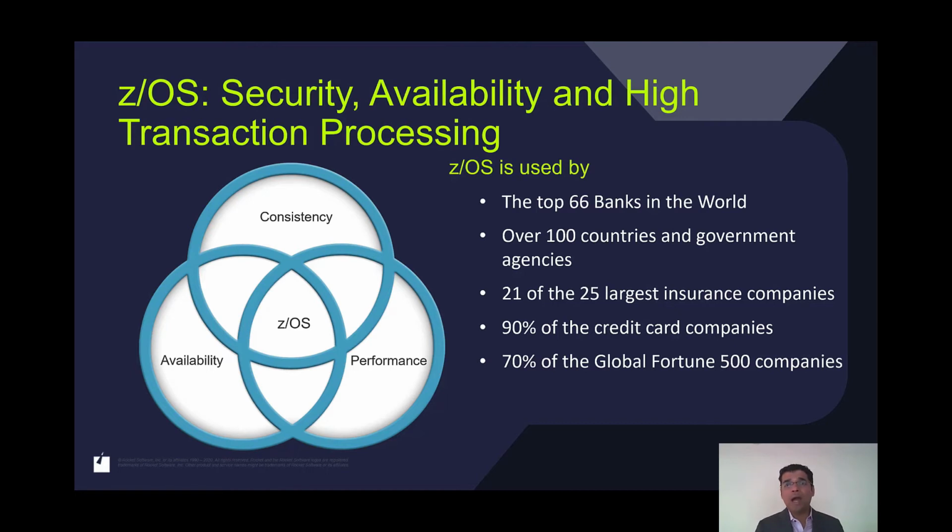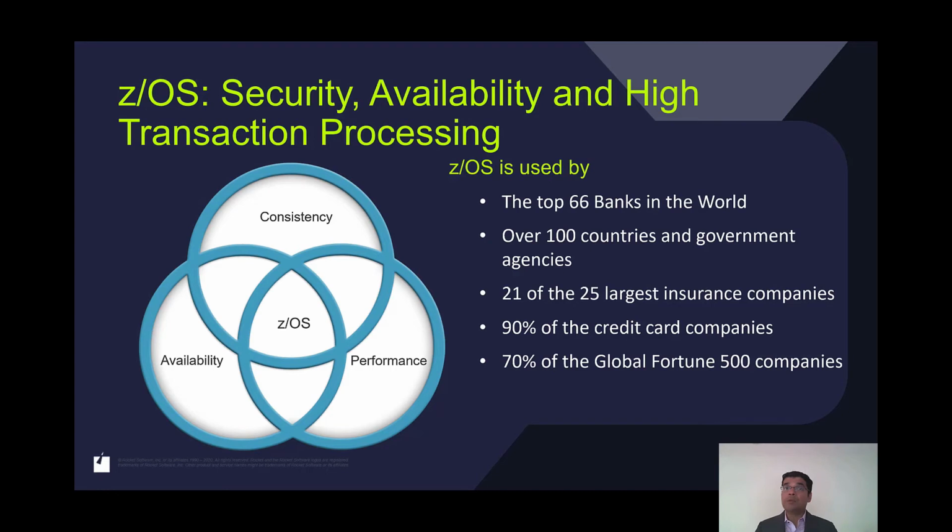Now, why does it matter for application developers? If the application developers have to write software to factor for whichever the third leg is that is missing, whether it's consistency, availability, or performance, that's a lot of work which the application providers have to do. And this has been one of the barriers why public cloud providers had a hard time being the system of record in mission critical environments.